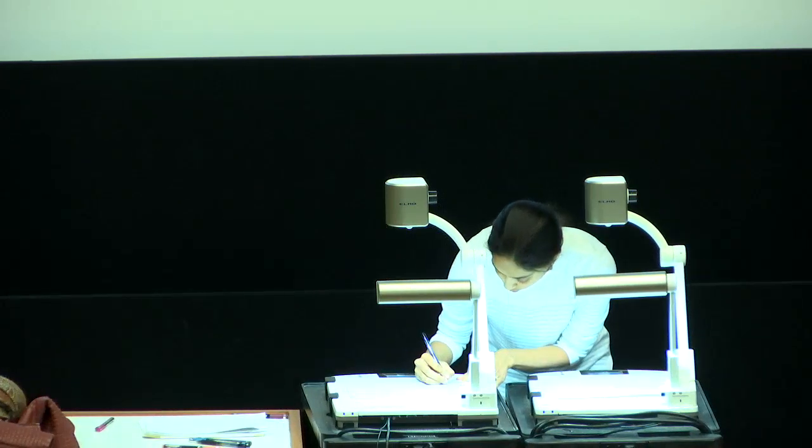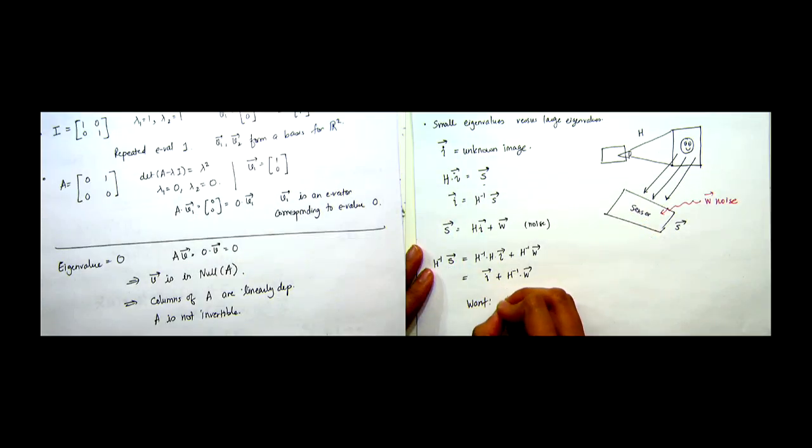You want it to be as small as it possibly can be, right? And it turns out that one way to make this small is to notice that the effect of this matrix H is related to the eigenvalues of the matrix H. So what I want is for H inverse W to be small.